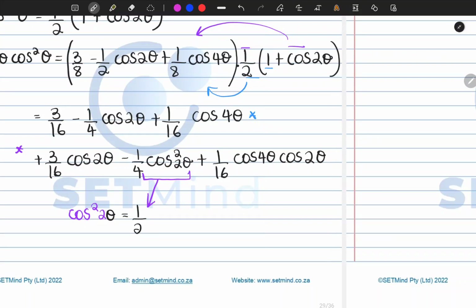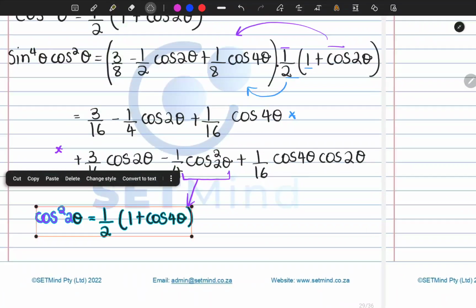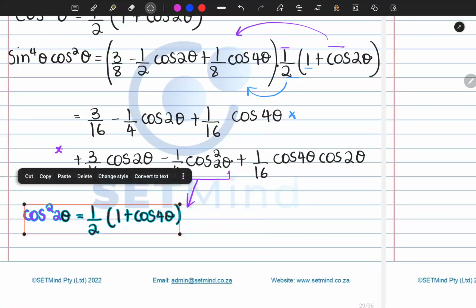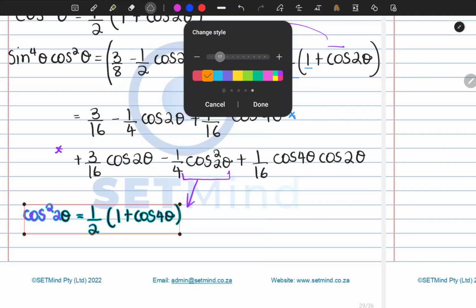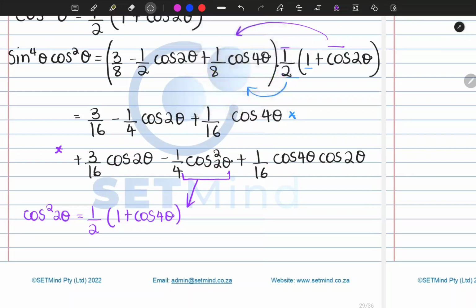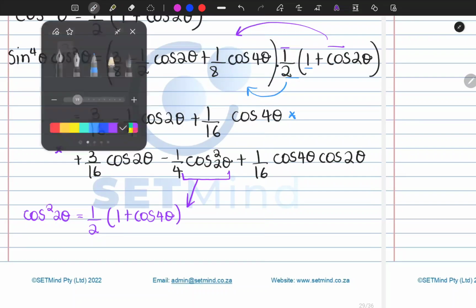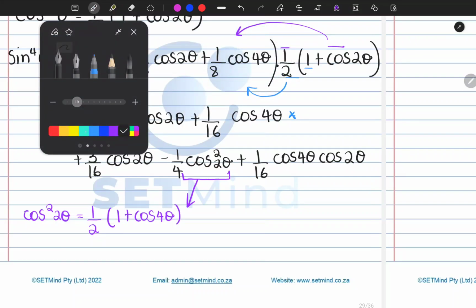So that will just be 1 over 2 into 1 plus cos, double the angle, it will be 4 theta. That is how we are going to solve that one. Let's just change it. So that's minus 1. And then we just now need to go and deal with the other portion, this side.